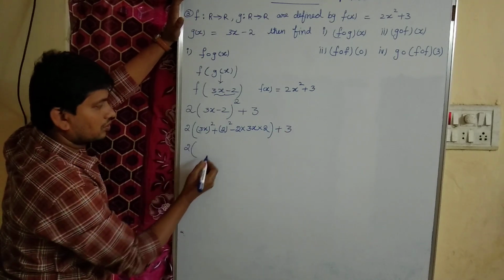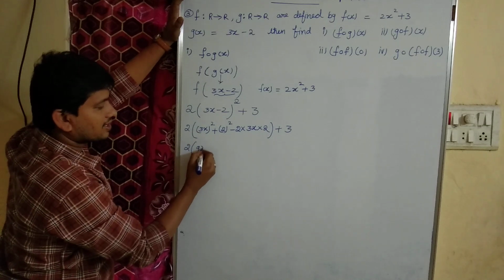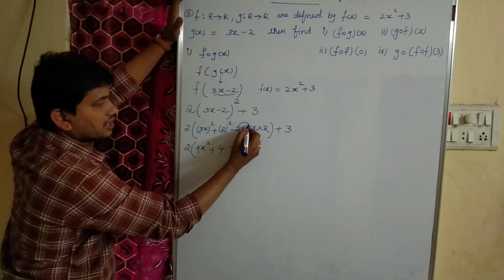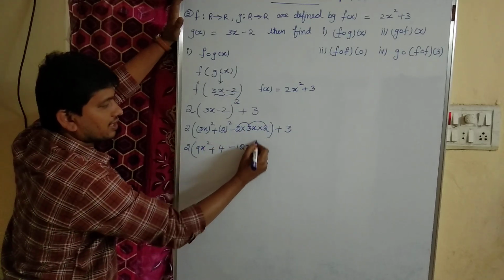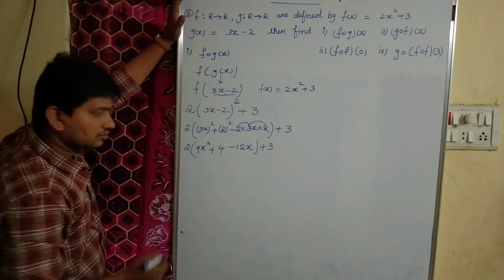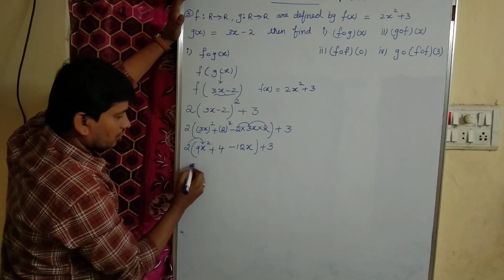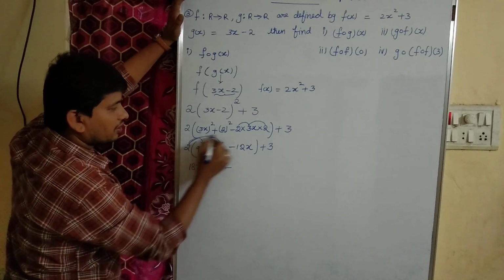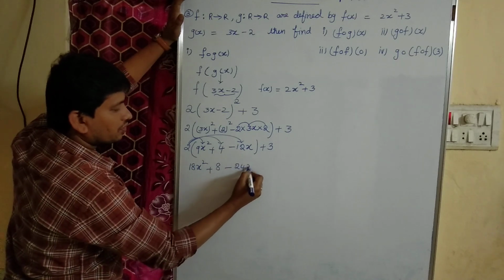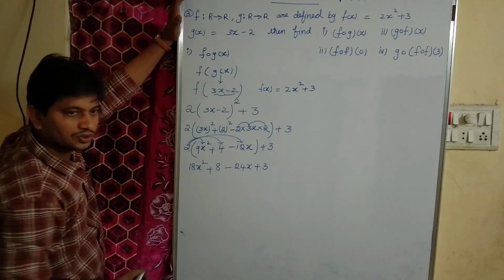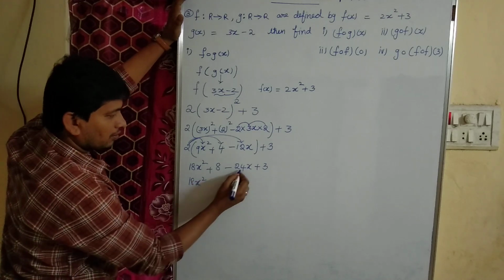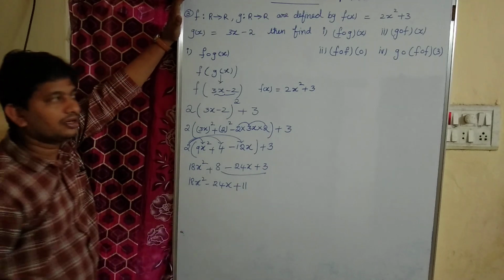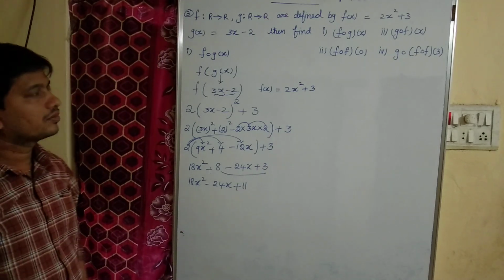So 2 into 3x whole square, I mean 9x square; 2 square is 4; minus 2 threes are 6, 6 twos are 12, 12x plus 3. 2 nines are 18, 2 fours are 8, 2 into 12 is 24, plus 3. So 18x square minus 24x plus 8 plus 3, which is equal to 11. Children, I hope you understood, right?